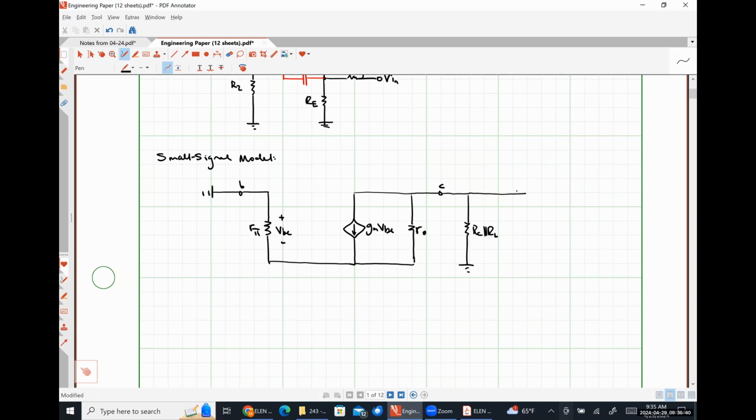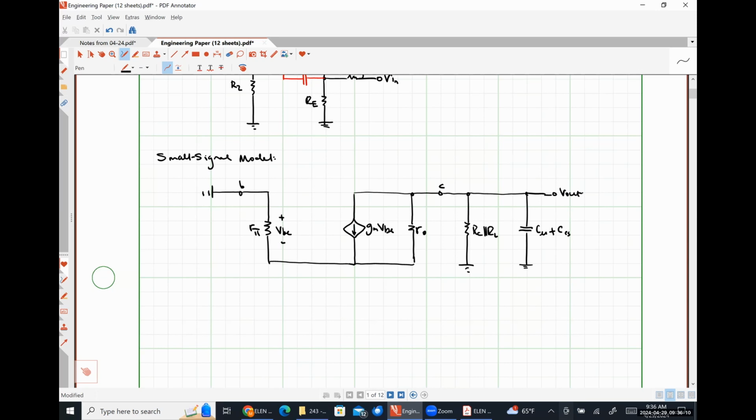And between my collector node and ground, I should also have that capacitance C mu and CCS. And I'm just putting those as if they're adding those values together because capacitors in parallel combine that way. And then here's my output node.